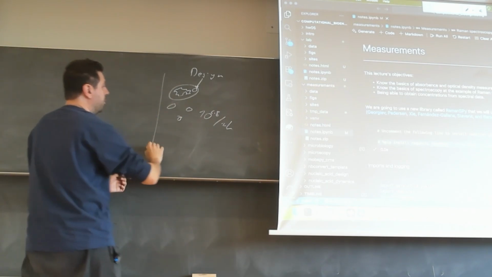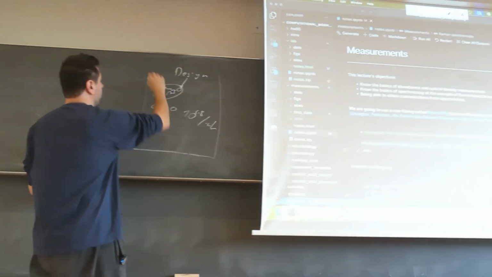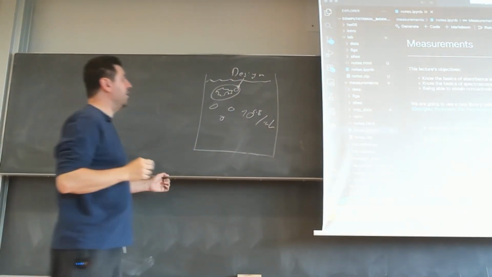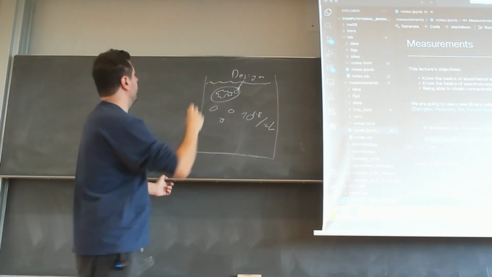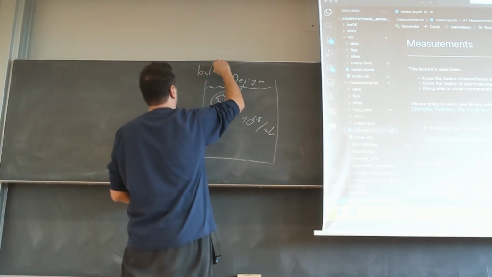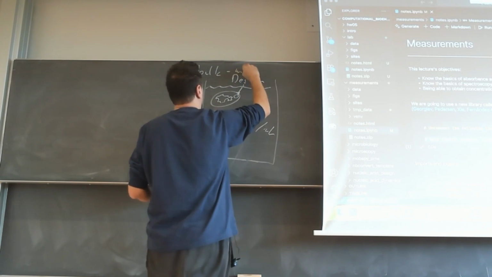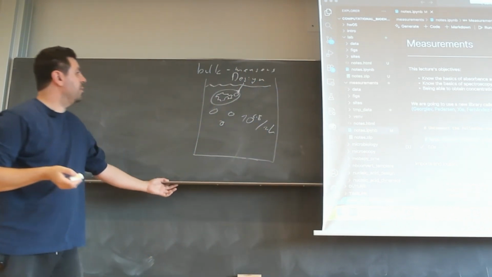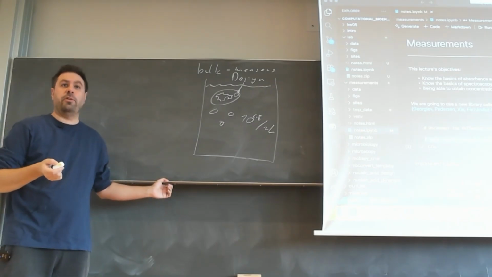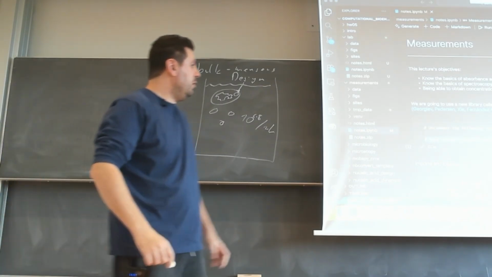And so this is your sample. And now we want to do some measurements with this. So these will be so-called bulk measurements. That means we're measuring the properties of a population.